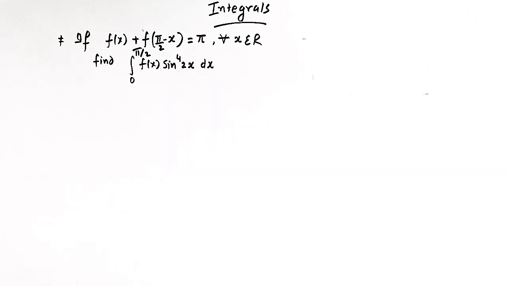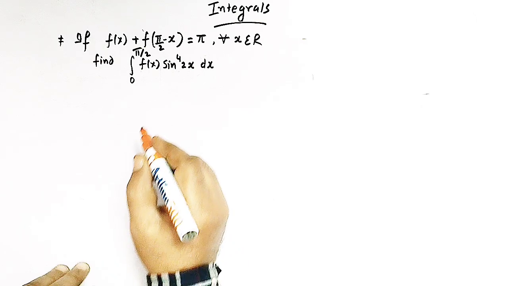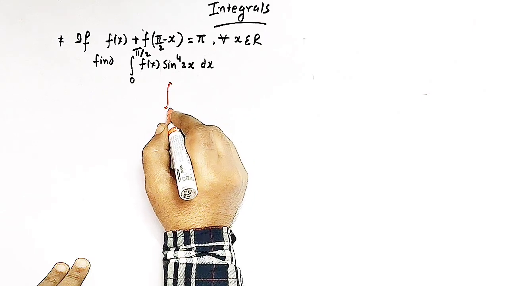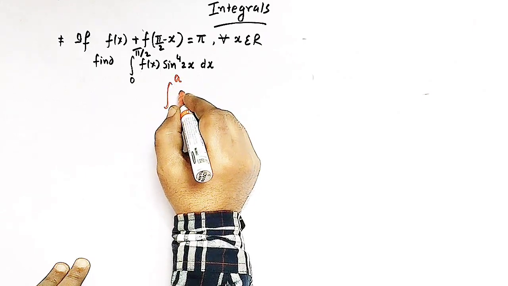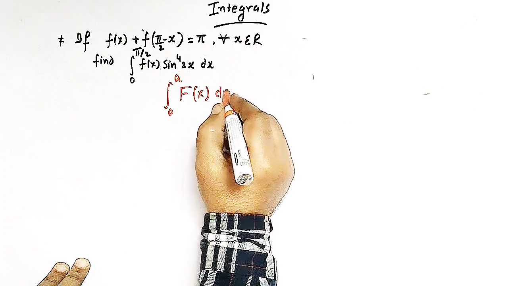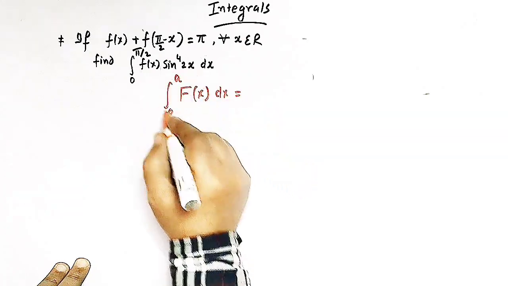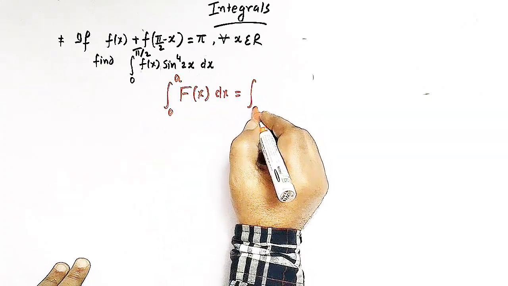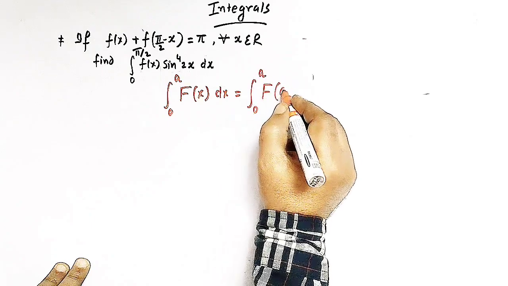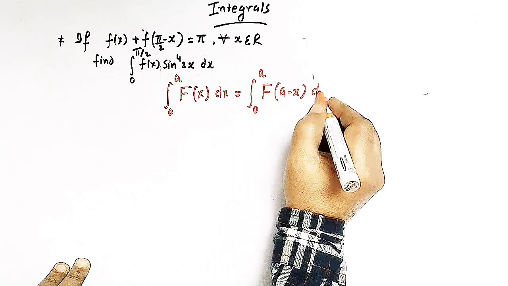So to solve this problem, we'll make use of this property of definite integrals, where we have an integral, say 0 to a, and if we have a function, say f of x dx, then the value of this integral can be written as 0 to a, and we have f of a minus x dx.